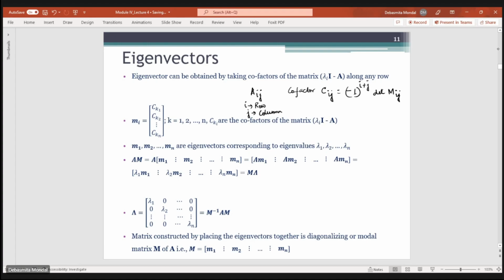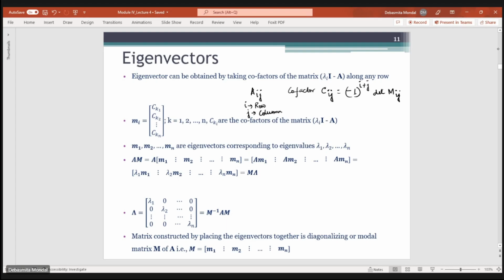From here you can find the eigenvectors. So mi will be equal to Ck1, Ck2 till Ckn, where k is fixed and the Cki are the cofactors of the matrix lambda i I minus A.